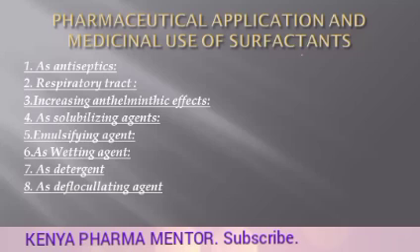When we add surfactant to the emulsion, it decreases the surface tension, up to a point called the CMC, critical micelle concentration. At this point, when we increase the surfactant a little more, both oil and water will solubilize, so it acts as a solubilizing agent. The fifth application is emulsifying agent.